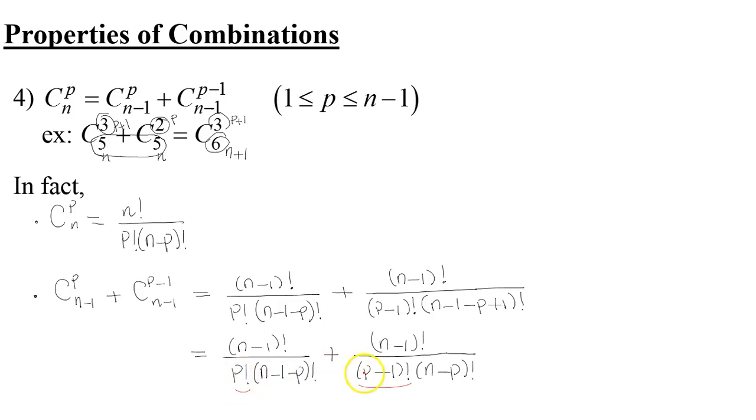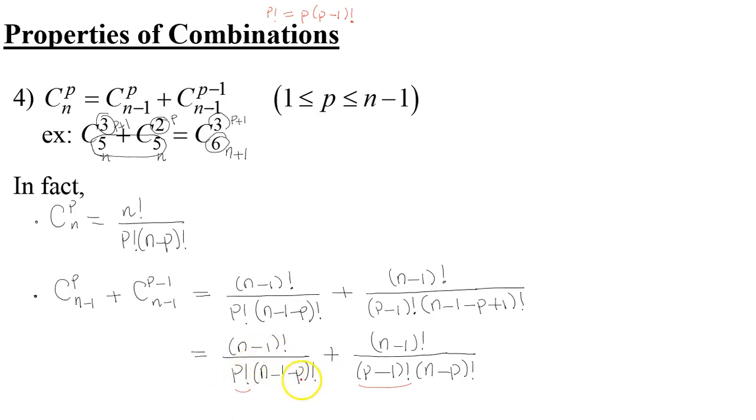We know that p factorial is in fact p times (p minus 1) times (p minus 2) times (p minus 3) all the way to 1, so that would be the same as p times (p minus 1) factorial.